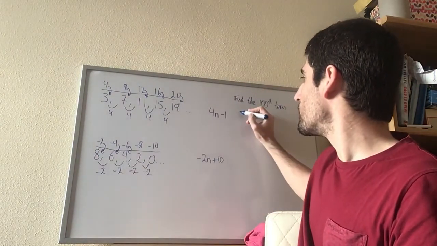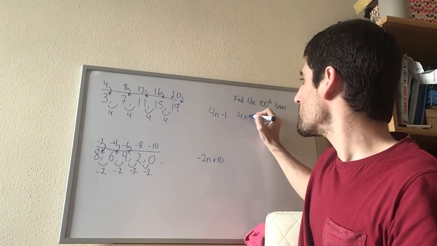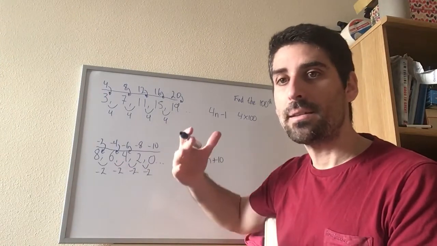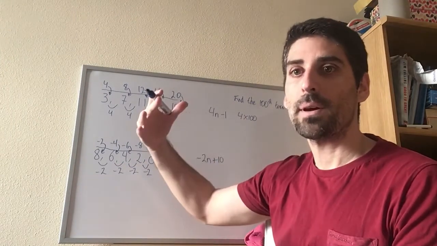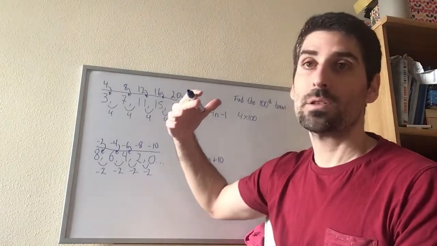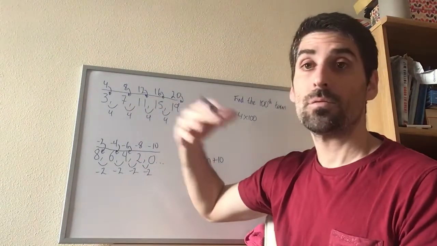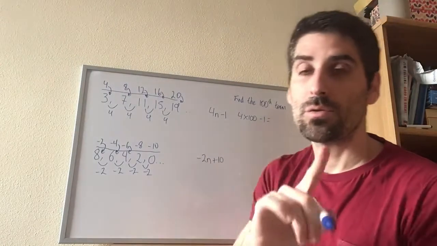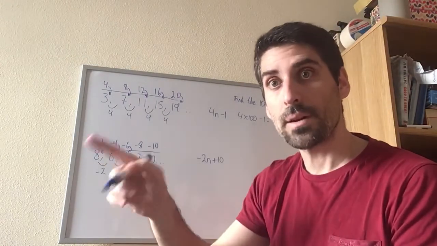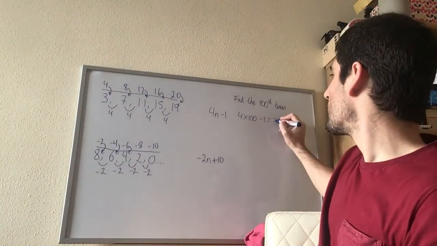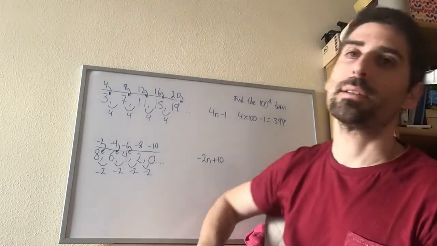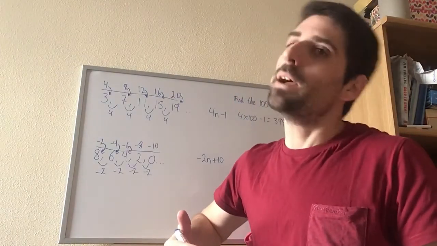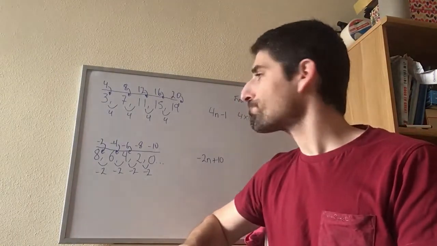The 100th term will be 4 times 100, because 4n means 4 times n, and n is the term number. I'm looking for number 100, so it is going to be 4 times 100 minus 1. Make sure you do this correctly in the calculator, 4 times 100 first, take away 1, 399. There you go. So now you can find a particular term in the sequence.